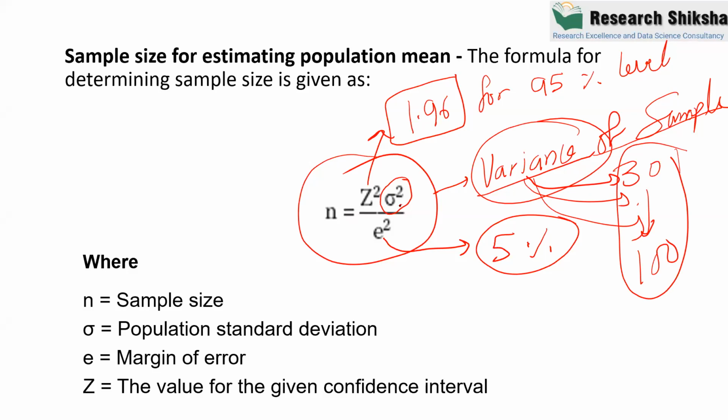Actually, I have read so many books also. Nobody, I can tell you, nobody knows which variance this is. So this is the biggest problem I found in this formula, right?